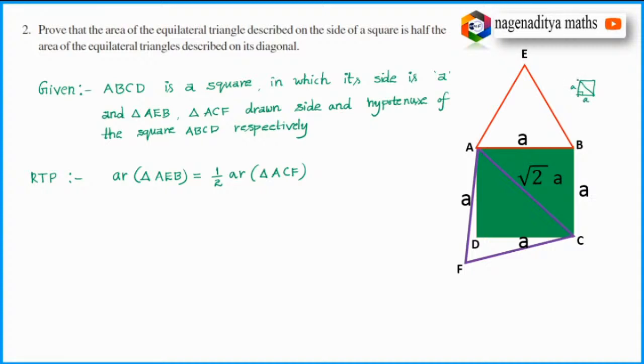As per Pythagoras theorem, hypotenuse square is equal to side square plus side square. So hypotenuse is equal to square root of a square plus a square, that is root 2a square, that is equal to root 2 into a. So if the side of a square is small a, then its diagonal is root 2 into a.